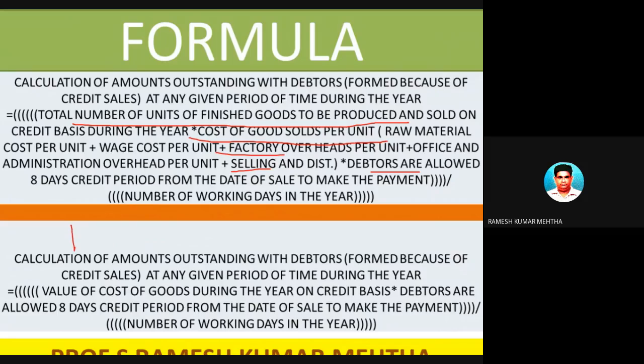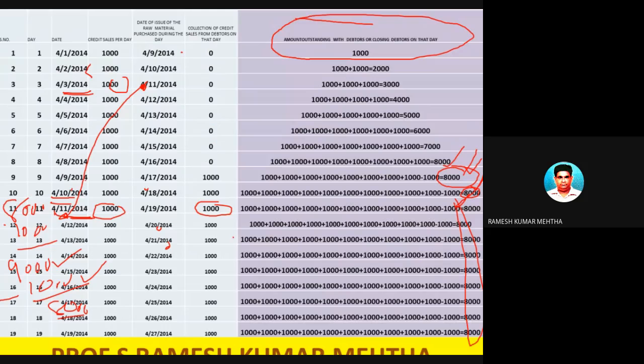In this case, 3600 units were sold, the cost per unit is 100 rupees, and the time allowed is 8 by 360 days. If you calculate, you will get 8000 rupees, which is the amount of capital getting stuck with the debtors. So let's go to the main formula which we discussed at the beginning of the session.